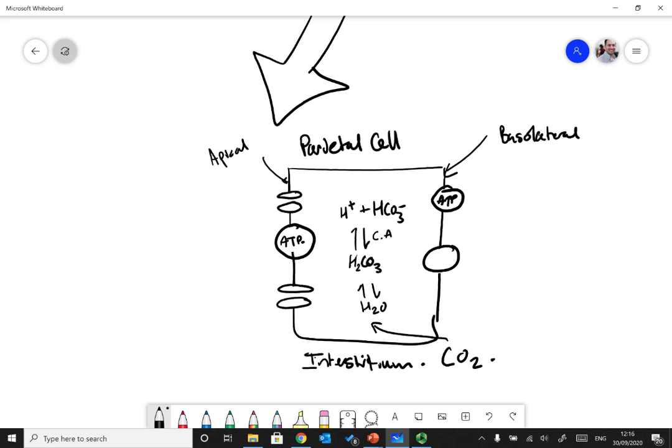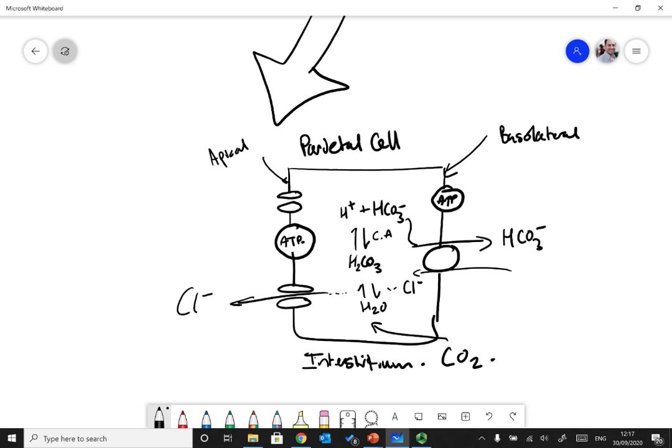Well, this is interesting, because we have got, as we said earlier, a bicarbonate antiporter that brings chloride ions the other way. And look at this, we've got a chloride leakage channel. Now, what else have we got?